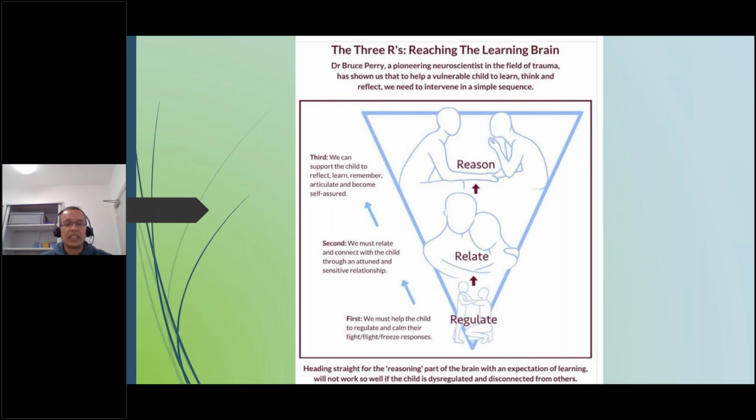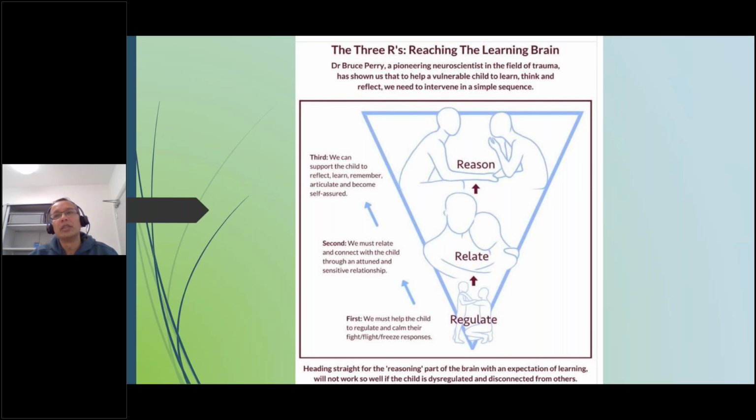I know here the example is given of a child because we're usually talking in terms of children when it comes to regulation or dysregulation. We forget that even as adults we can get dysregulated. So helping the person or the child, here the learner, to regulate means finding different strategies or methods to bring regulation into the body first.